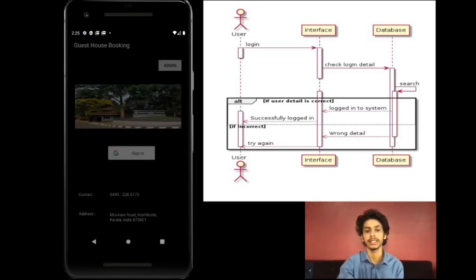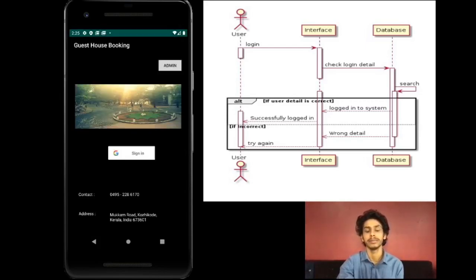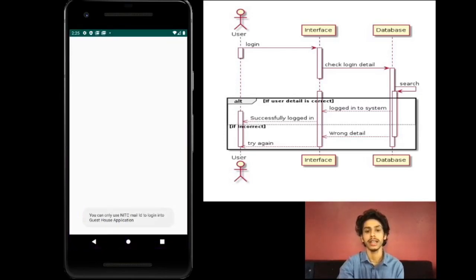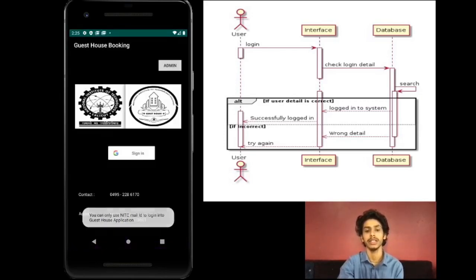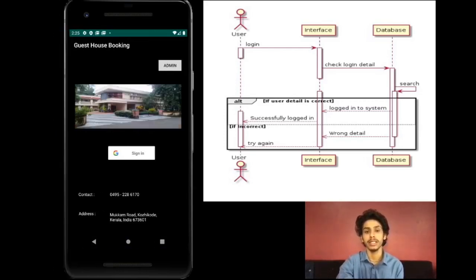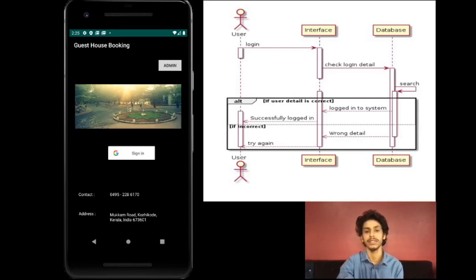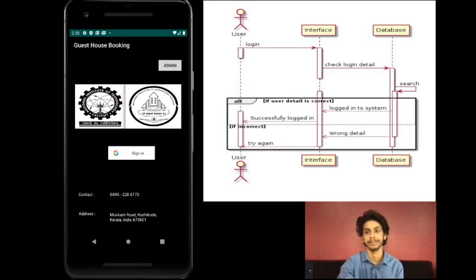When I select the other mail ID, a toast message will say that you can only use an NITC mail ID to log in to the guest house booking application. So this is our first sequence diagram, and there is another case in which the user sees the register screen if he is signing in for the first time, which I will show you later.